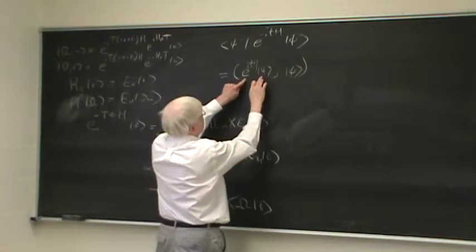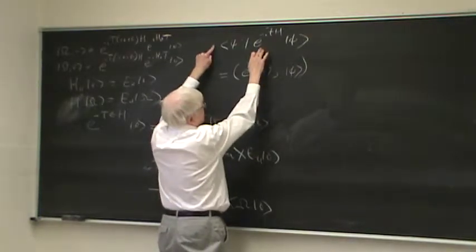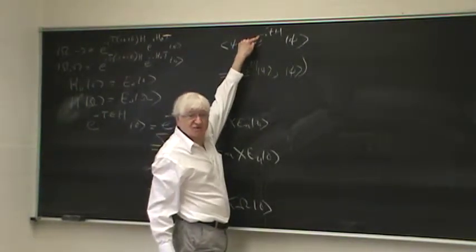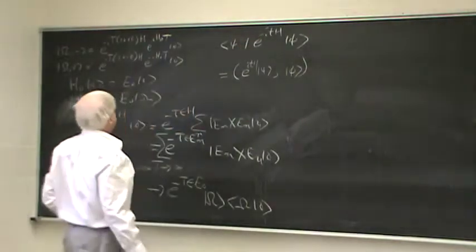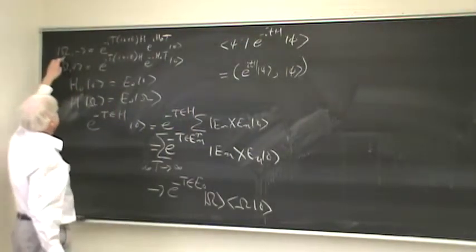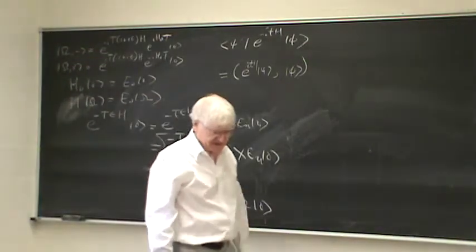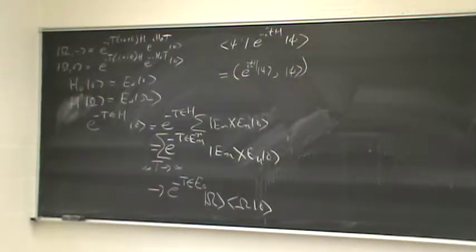So when you turn this from a ket into a bra, it flips the sign of i. So that's what's really going on in quantum mechanics. And consequently, the state omega at minus infinity, I think of it as e to the minus iHT. All right, so much for all that.